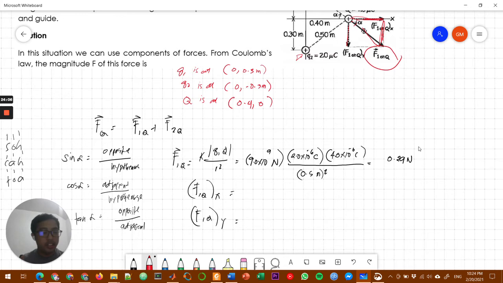So that's actually cosine alpha F1Q. Okay, and for the y component, that's sine alpha F1Q. Okay.